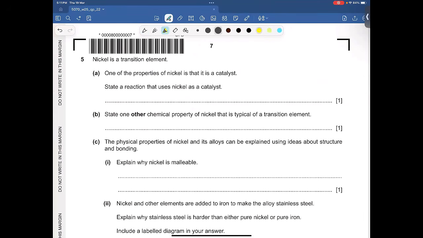Nickel is a transition element. One of the properties of nickel is that it is a catalyst. State a reaction that uses nickel as a catalyst. Hydrogenation of alkene. So the reaction of ethene with hydrogen is also called hydrogenation.